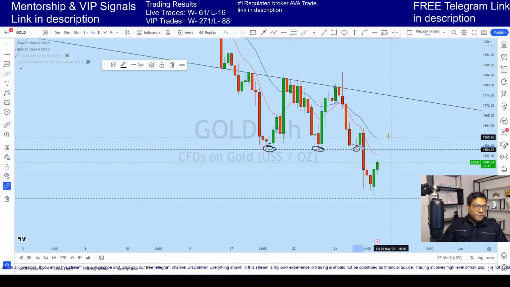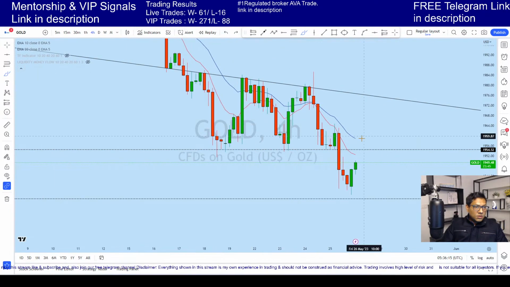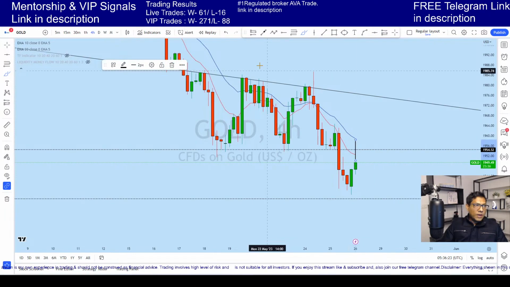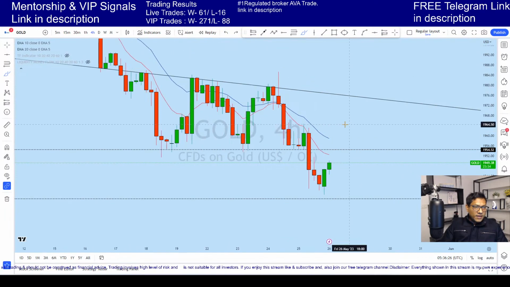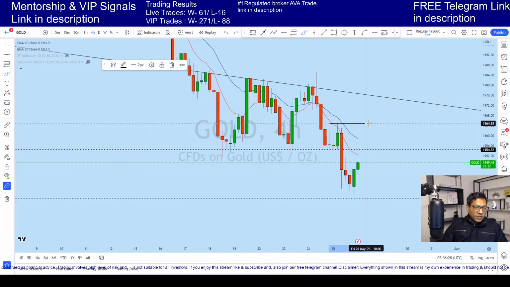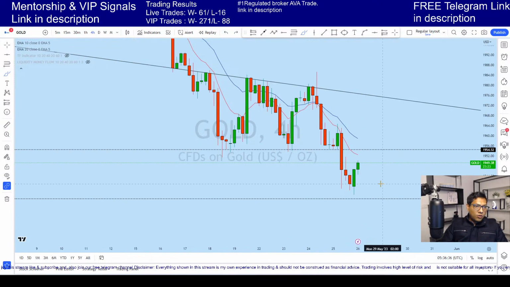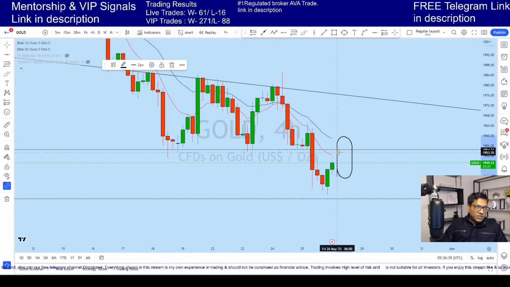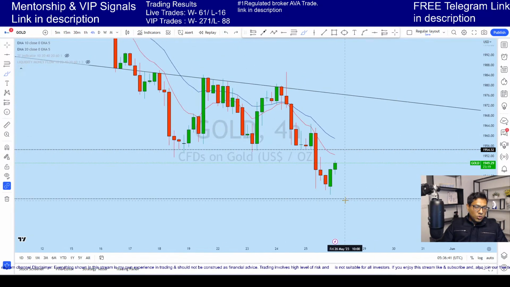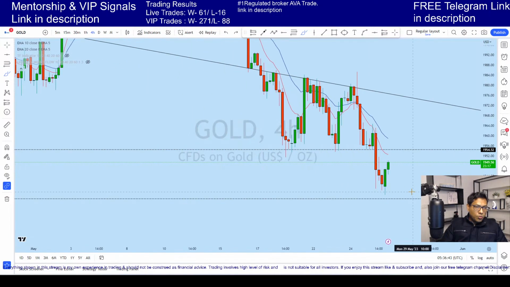Now that support is now resistance here, and from that resistance I'm expecting the price to penetrate first to the upside, and then even break this swing high, and then we could see a rejection, and this rejection could even be from here. It depends on how the price action forms along the zone, but for the time being we see a short-term up move.